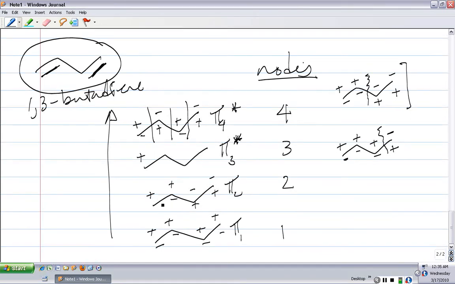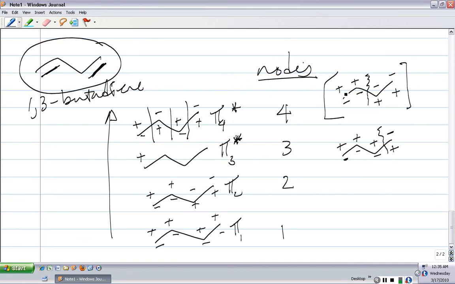And the reason is twofold. One simple reason is that it's symmetrical. And wherever possible, nature likes symmetry. And there is symmetry in this version of pi 2 that is not present in that version. But perhaps the more important reason, which I guess is linked to the symmetry, is that if I look at pi 2, this version, every p orbital is involved in bonding.